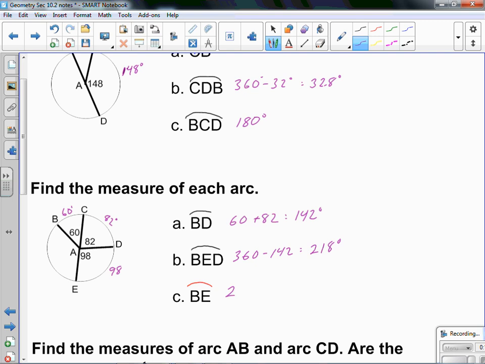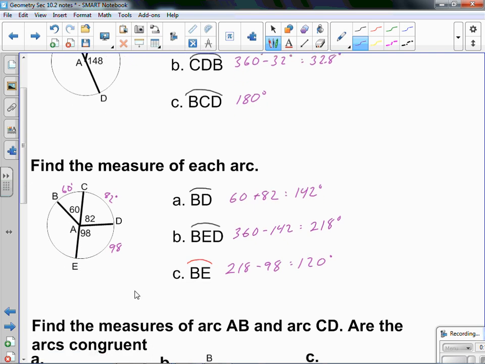So if I take the 218 and subtract 98, that'll give me 120. Of course, another way we could have looked at it is that CE here is a diameter, and BC is 60. So we could have taken the 60 away from 180 and also gotten 120. So two different ways we could get there.